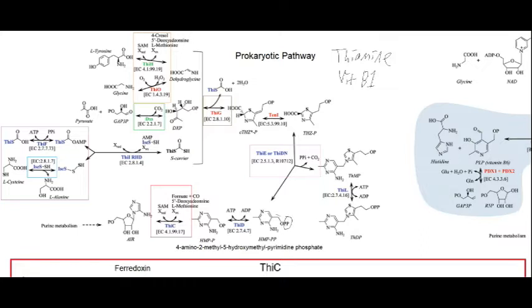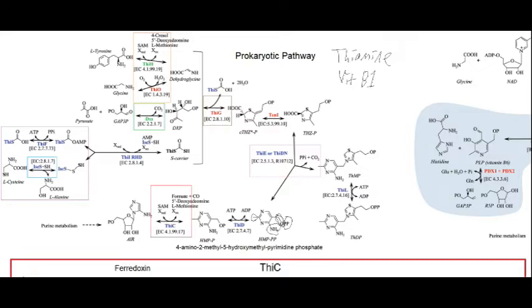So this here is a hydroxymethyl, and then this is a pyrimidine, and then phosphate, or in this case pyrophosphate. So it's 4-amino, which is this, 2-methyl, which is this, then 5-hydroxymethyl, which was this, and then pyrimidine phosphate or pyrophosphate.